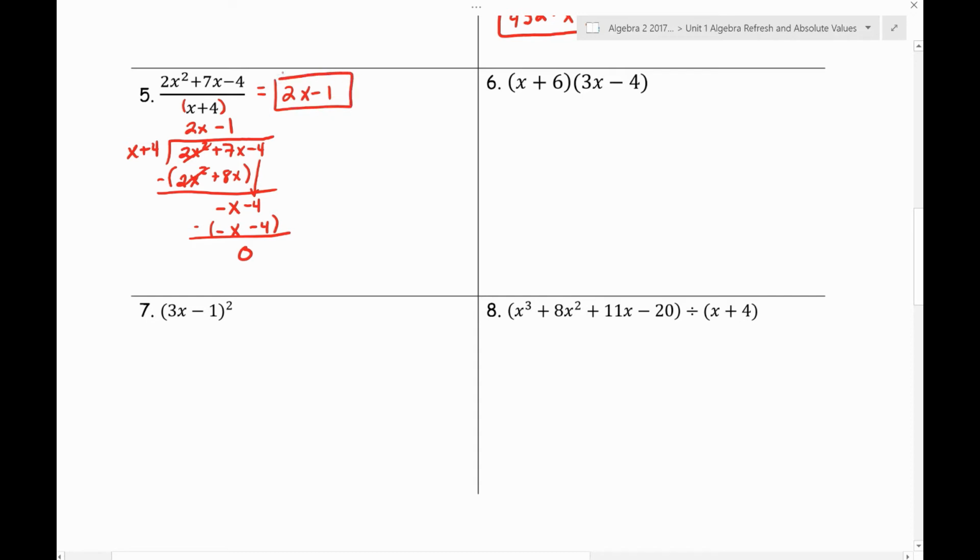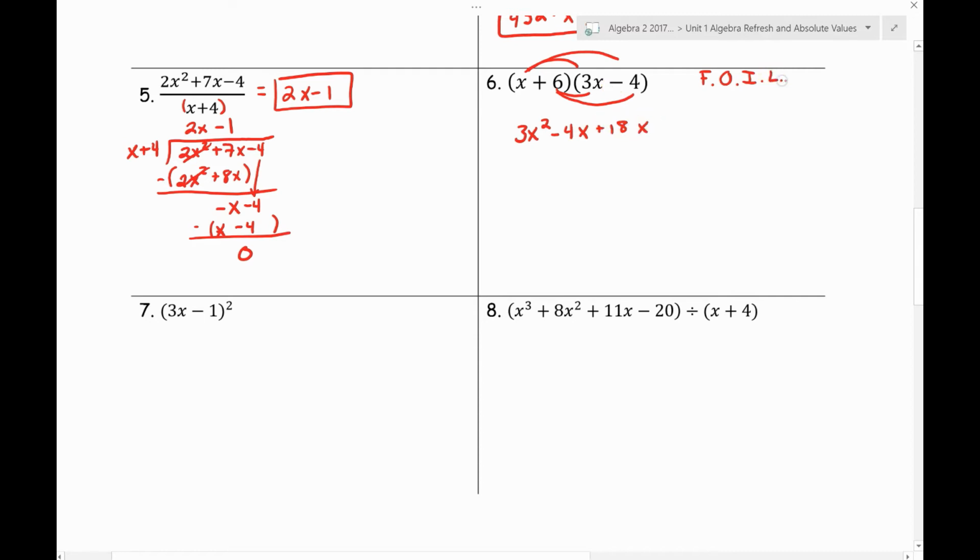Now, over here, number 6, I've got a binomial times a binomial, so I'm going to use my distributive property twice here. Okay, and if you remember FOIL, first terms are going to be multiplied. X times 3x is 3x squared. The outer terms, x times negative 4 is negative 4x. The inner terms, 6 times 3x is going to be 18x.